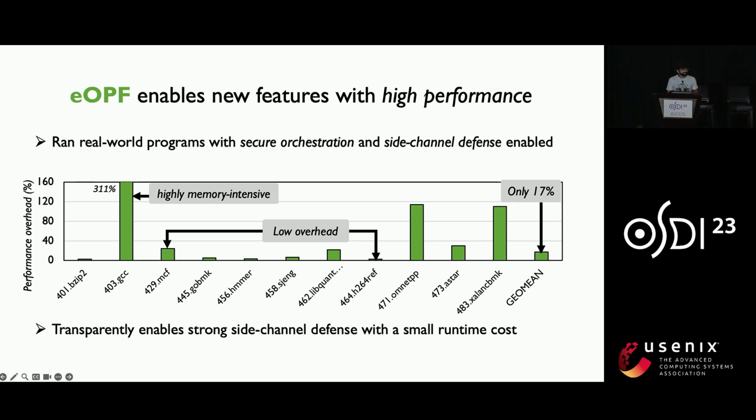In this particular state, the system was transparently enabling strong side channel defense against a range of system resources, while incurring a very small runtime cost, showing the practicality of the framework.